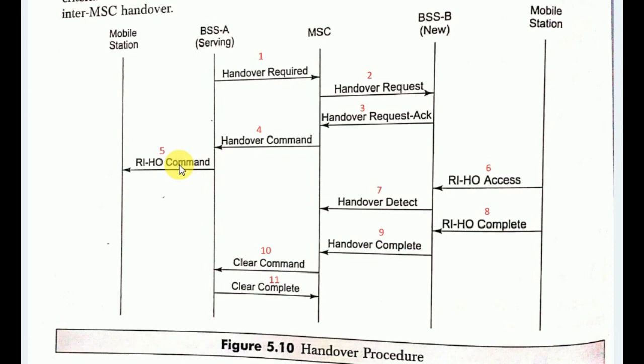The new BSS checks the handover reference number to ensure that it is the same as expected and that there is a high probability that the correct MS has been captured.